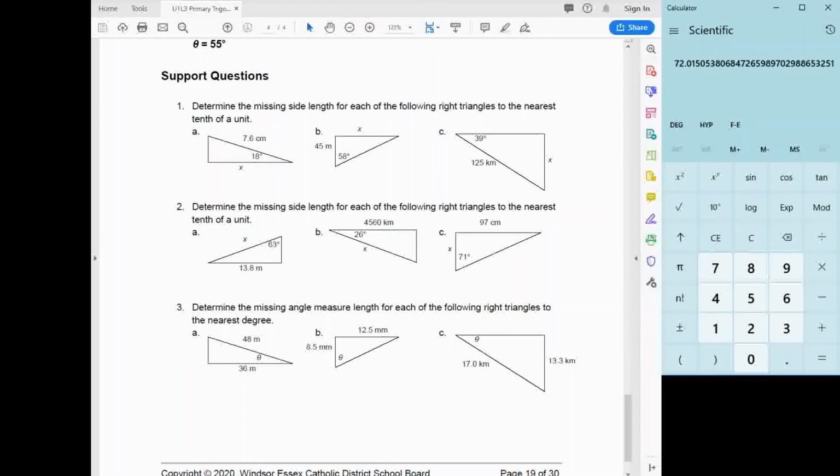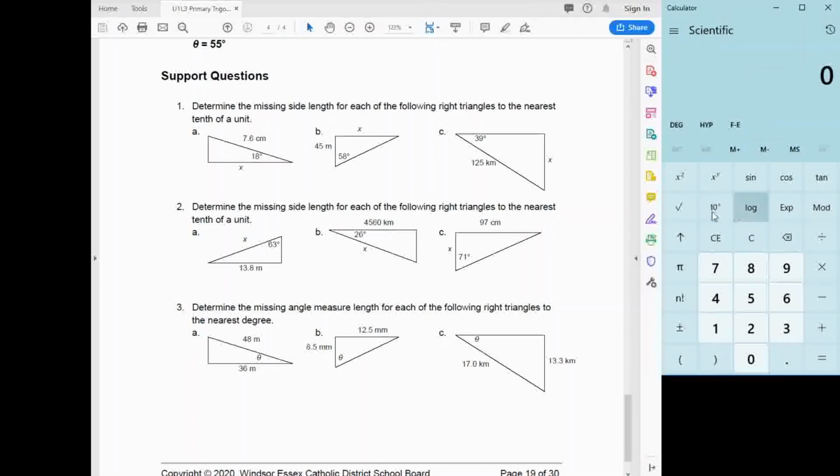Let's do number 2. I'll do 2C. This says, determine the missing side length for each of the following right triangles to the nearest tenth of a unit. So this is 97 centimeters, which is my opposite of the 71. And the x is adjacent to the 71.